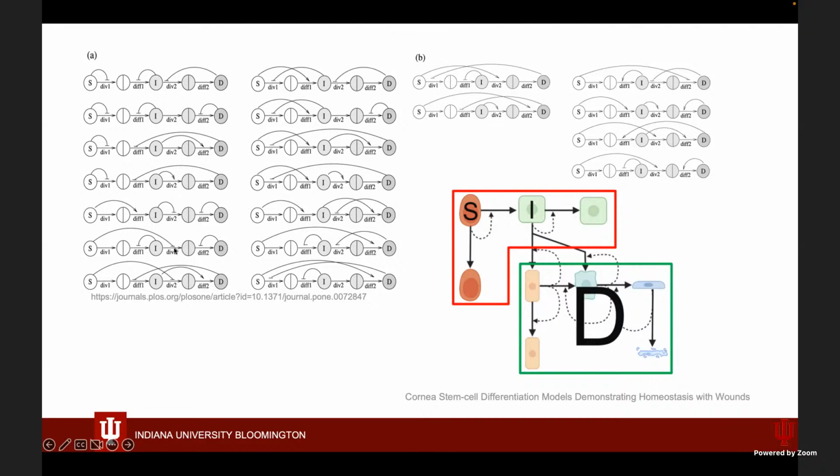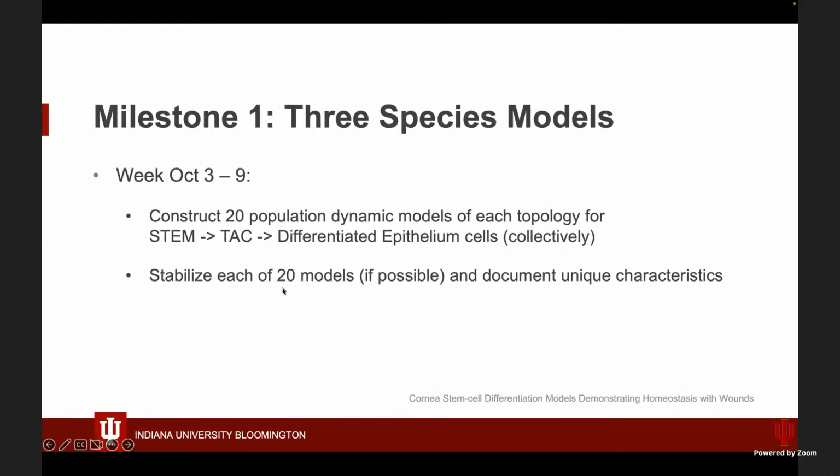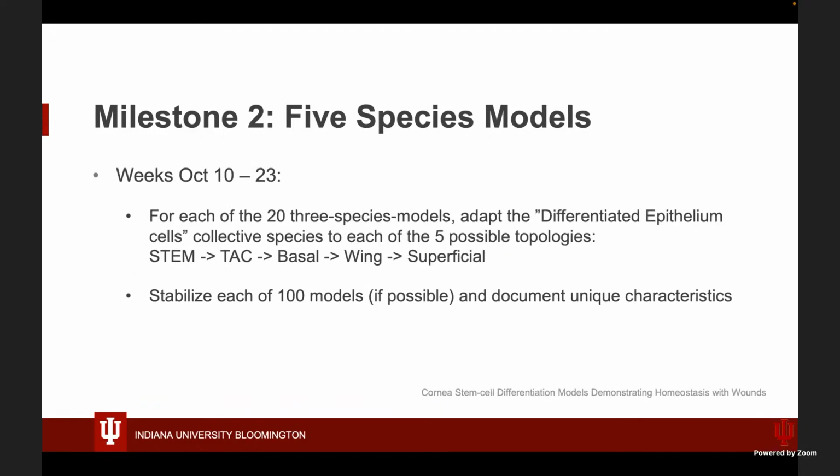And so we've identified out of these 25 models the ones that would accurately capture the relationship that we're hoping to model here. So if milestone 1 is to construct the 20 models with 3 species, milestone 2 is going to be to turn that group of the collective differentiated cells into the 3 specific ones.